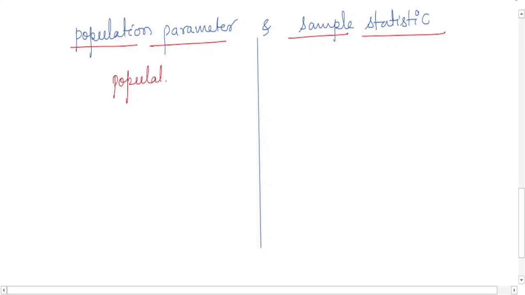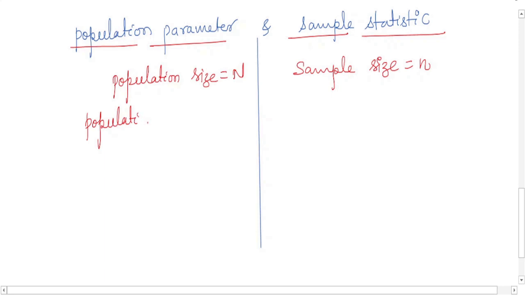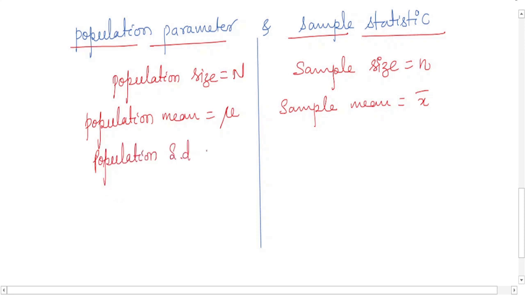Population size we denote by capital N, whereas sample size we denote by small n. Population mean is mu and sample mean we denote as x bar. Population standard deviation is denoted by sigma.